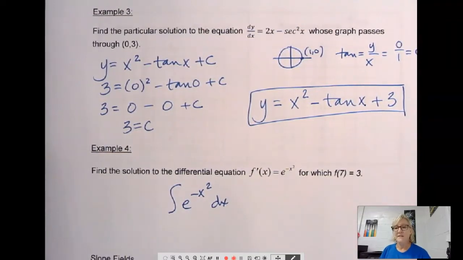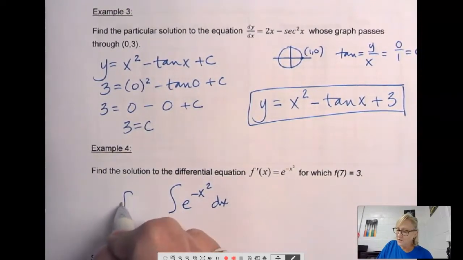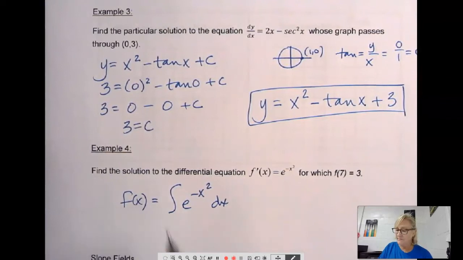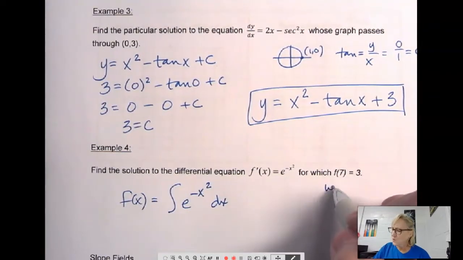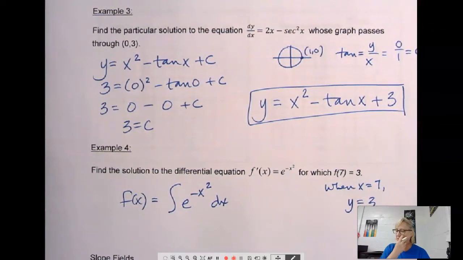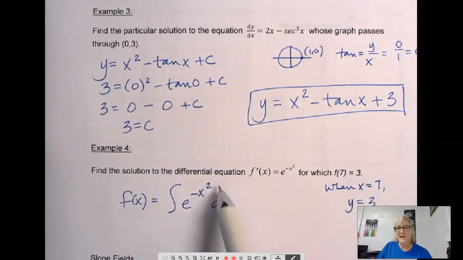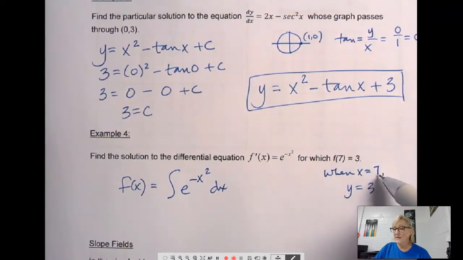That represents the antiderivative. Okay, so f of x is the function that I'm looking for. f of x or y, same thing. But I want to make sure when x is 7, y is 3. So this right here represents the area under the function, right? Well, I want to make sure that when I get to 7, I have an area of 3.